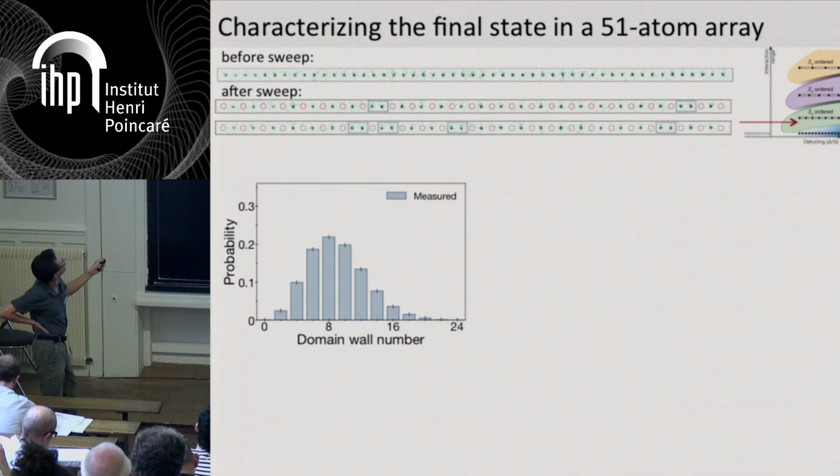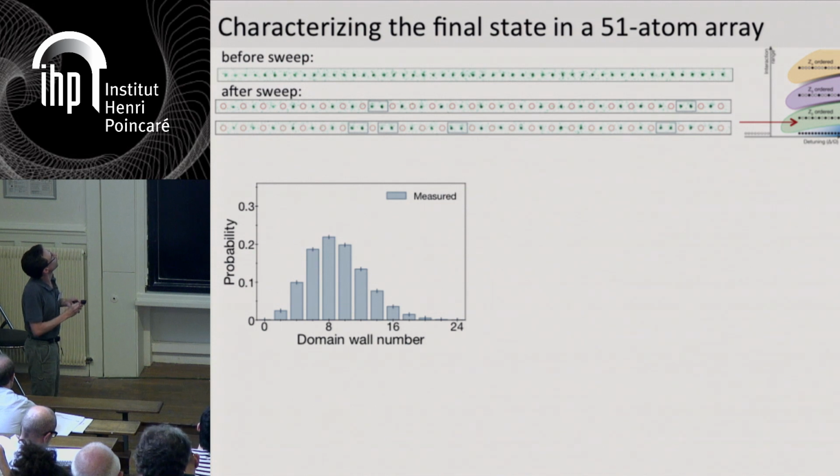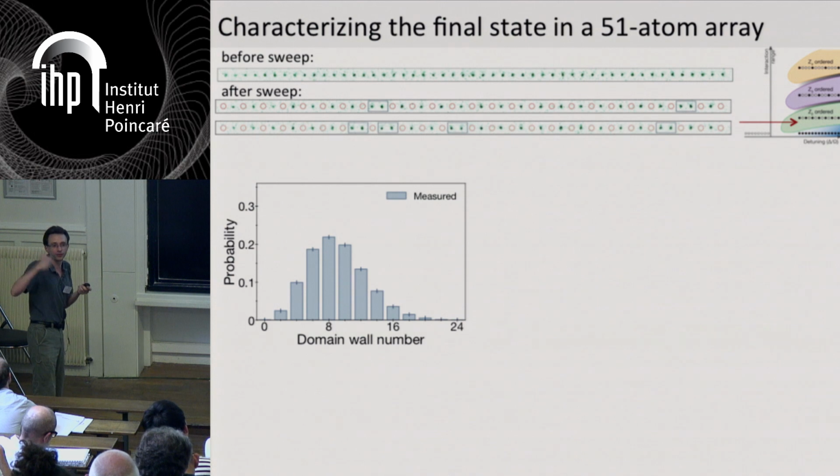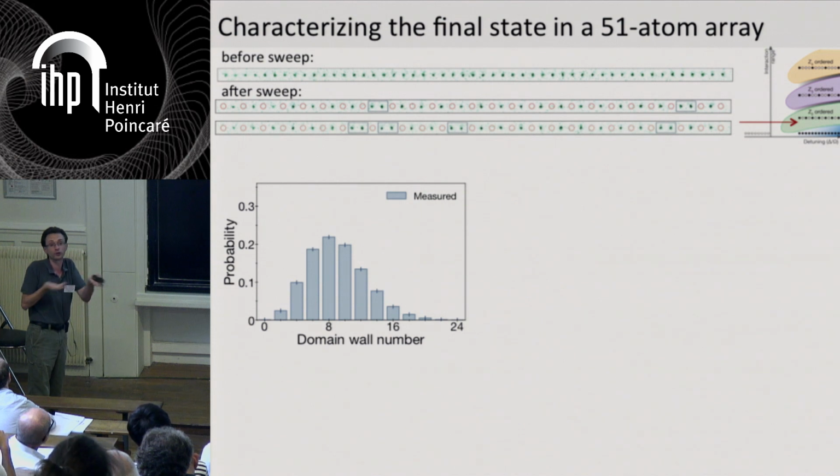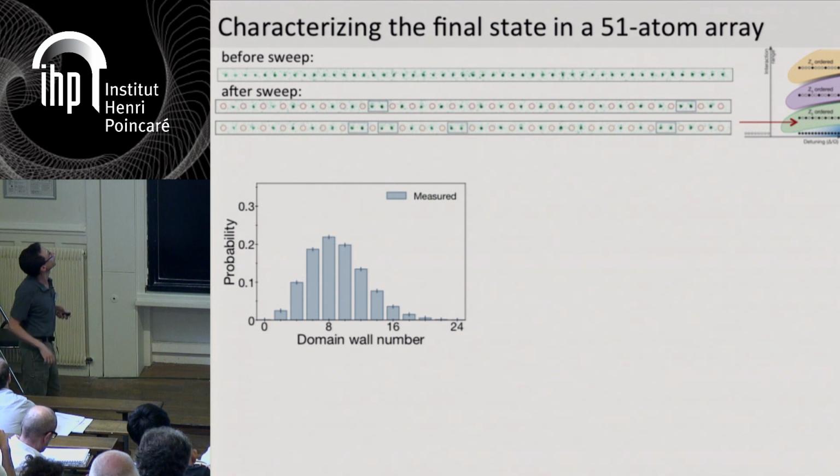And you see that it looks like that. This is mostly dominated by imperfections in the detection. I've been quite fast on this so far, but remember, we are detecting a Rydberg atom as a missing atom. But for example, a ground state atom could be kicked out of the trap due to collisions with residual background gas. And then we would count this as a Rydberg atom while it is a ground state atom.